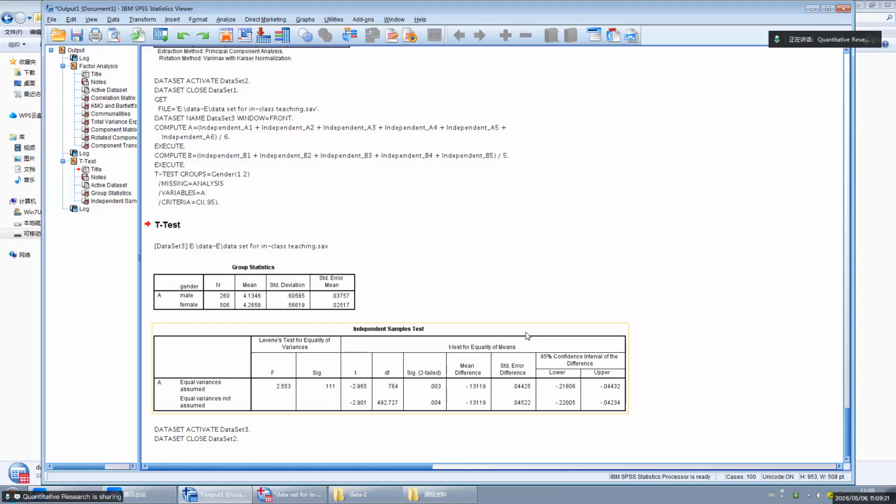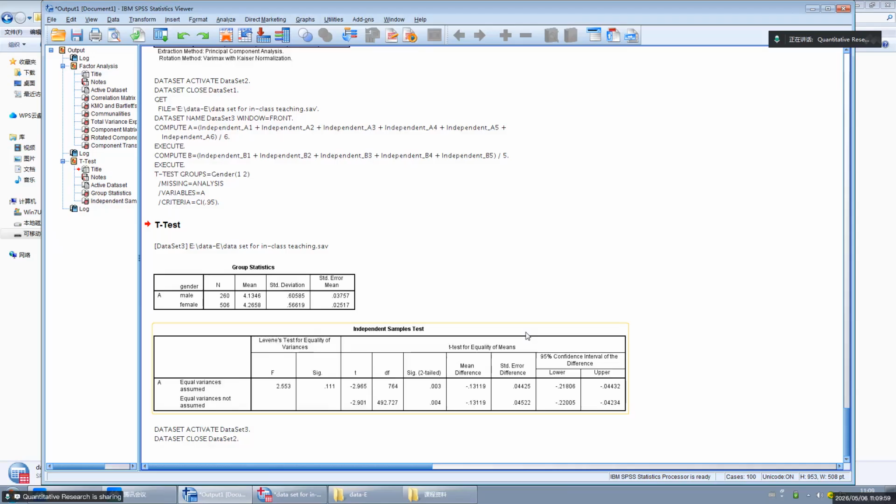Now let's take a look at the second table. It's more complex, so pay attention. In the following data analysis, we'll pay special attention to p-values. You know the significance levels for p-values.